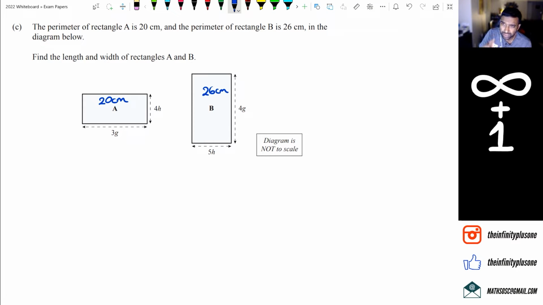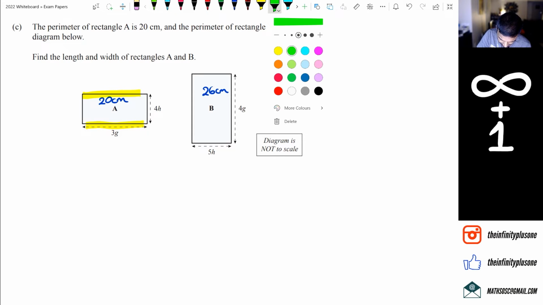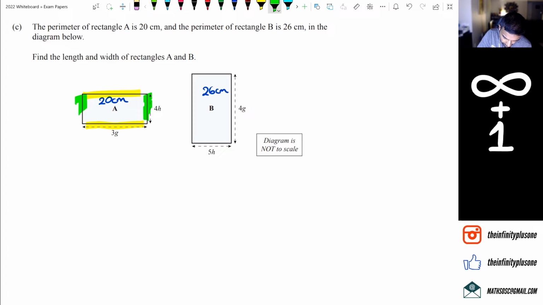Okay, so let's go to this. We've got perimeter. Perimeter means it's got to cover basically the border here. I'm just going to put them in different colors so you can see what's happening. So that is A right now, right? So with rectangle A, it adds up to 20, but we've actually got 2 lots of 4H, remember?